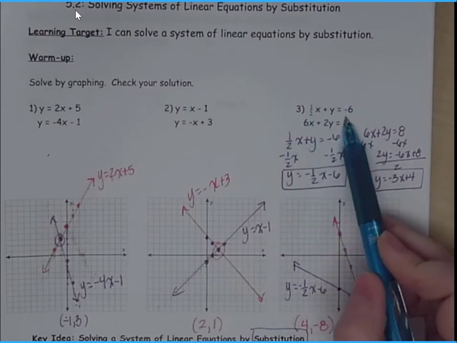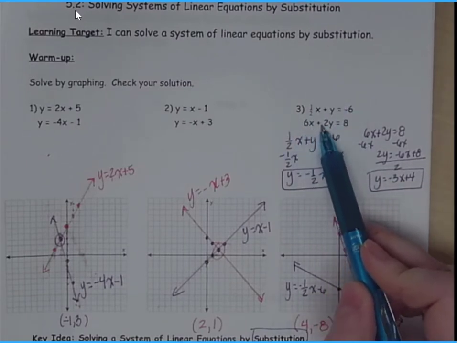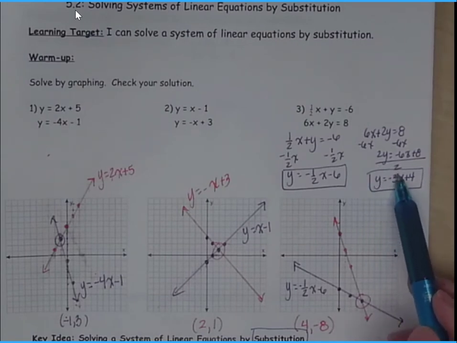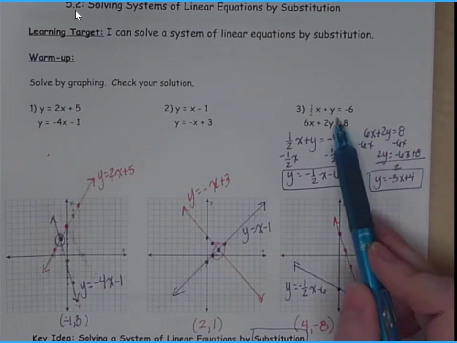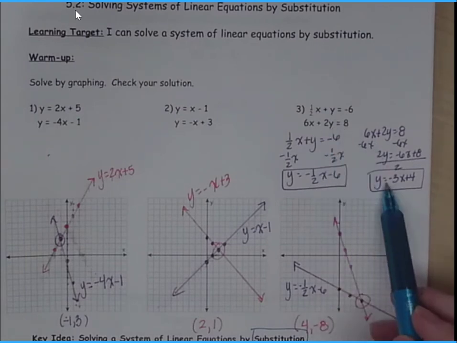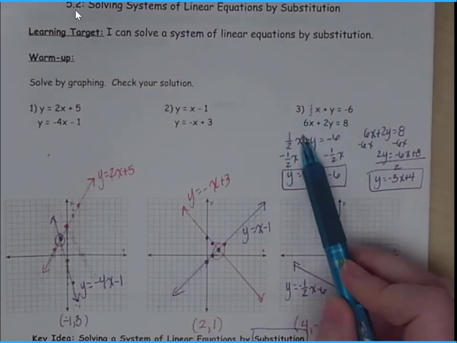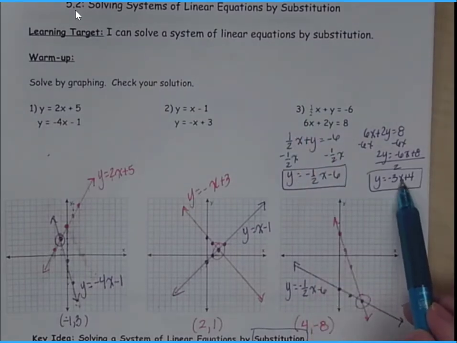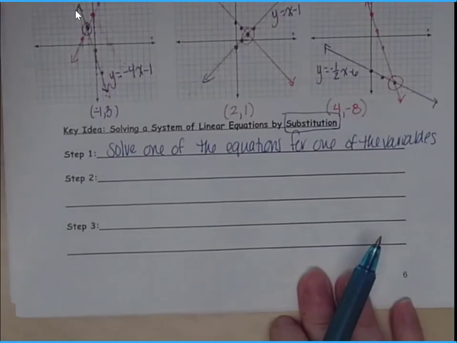So for example, here, when I rewrote 6x plus 2y equals 8, it turned into y equals -3x plus 4. Those are the exact same equations. So in order to solve this by substitution, we're going to rewrite it so it looks like this.